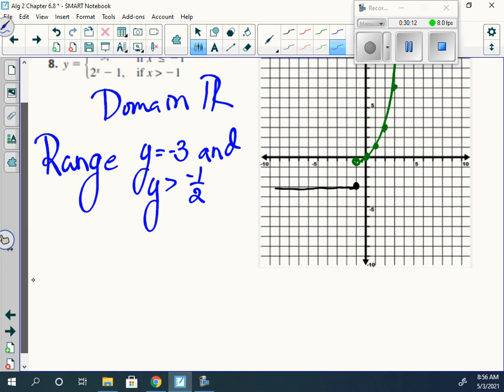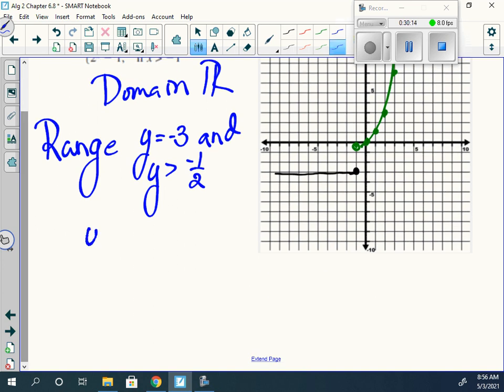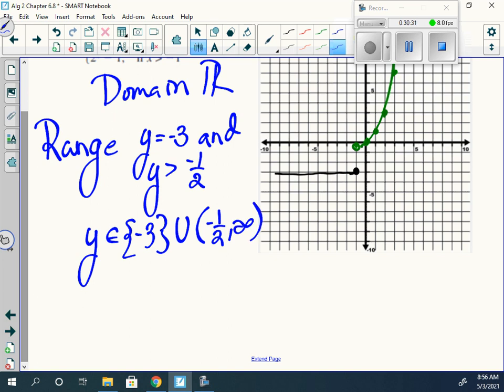Now we can also do this in what we call unions. y is an element of {-3} union (-1/2, infinity). Now the curly brackets, those curly looking brackets, are used if we have points.